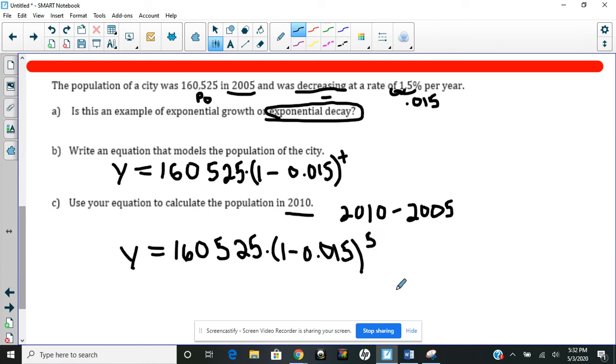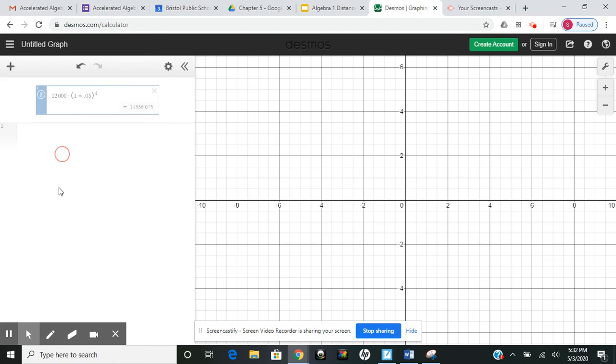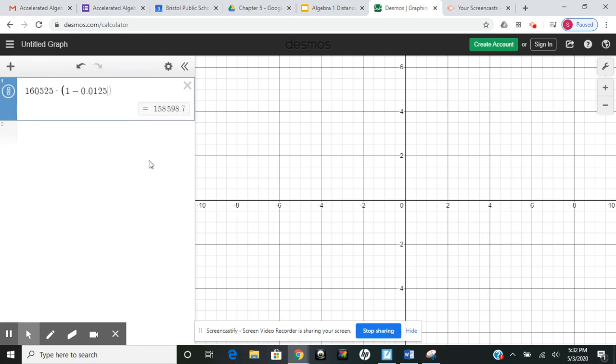If you have your graphing calculator, if you have your TI, you're going to go into that and enter all this in the same line on the main screen. But if not, we're going to go to Desmos. I'm going to clear out this one, and I'm going to type in my equation, 160,525 times parentheses 1 minus 0.0125 to the 5.